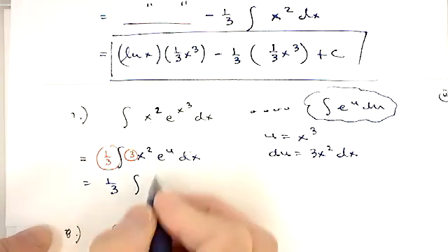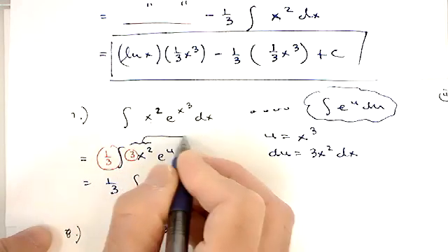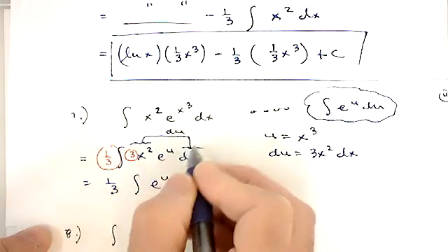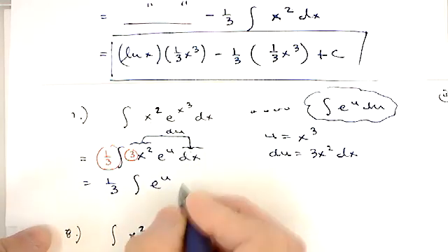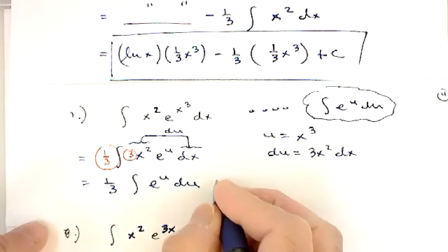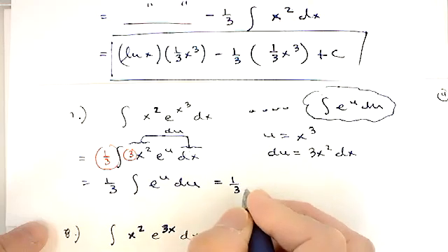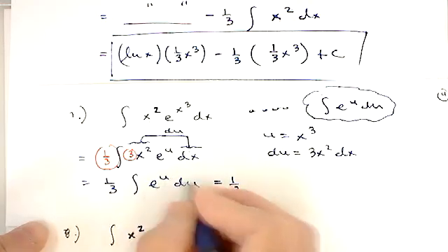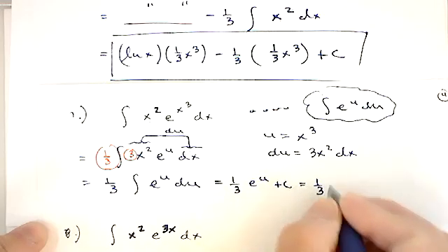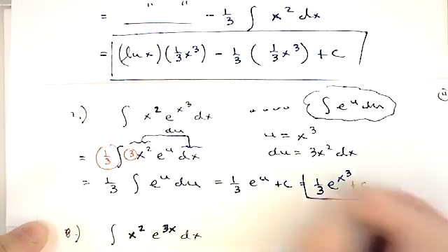And I've got 1/3 the integral of e to the u, and the 3x squared together with the dx becomes my du, right? That's du. And your antiderivative of e to the u du is just e to the u. Plug back in, and we're done.